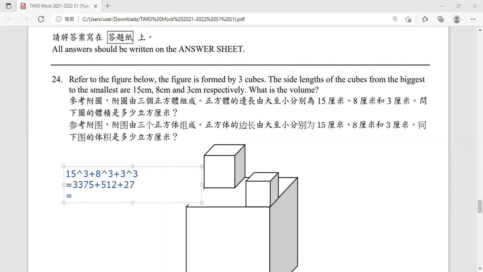You just cut them into the separate cubes and sum them yourself. So the answer is this one. Nothing special. It's that simple, just some kind of primary school question.